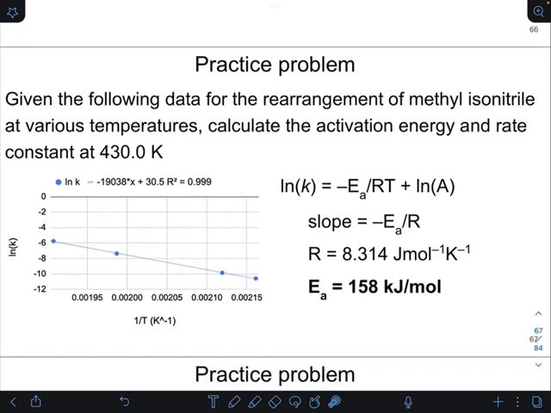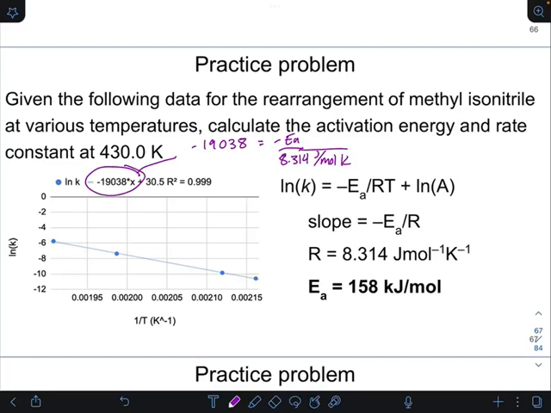So if you graph ln K versus 1 over T, which you can pause the video, pull up Desmos, and try this on your own, or you can take my word that I hopefully did this correctly. Your slope is going to be negative EA over R. Here is the slope that I got from my equation, so negative 19038 is equal to negative EA over 8.314 joules per mole Kelvin.